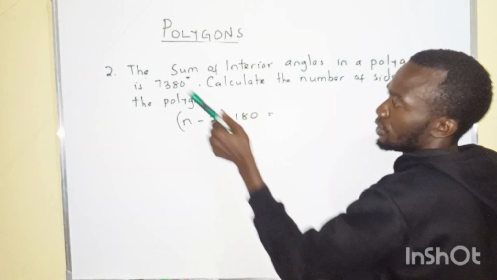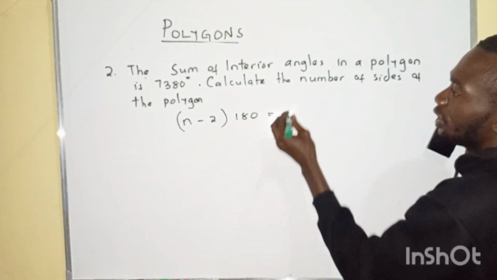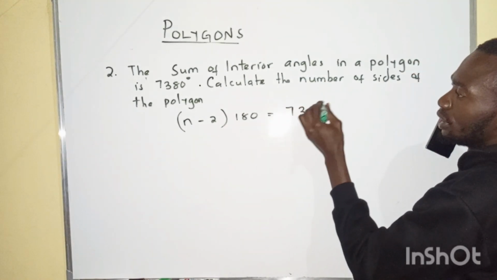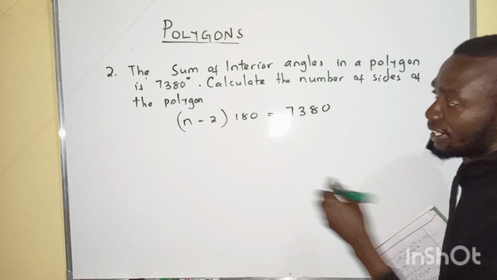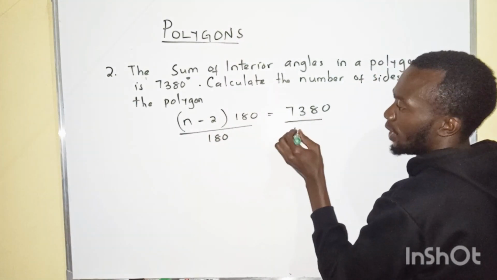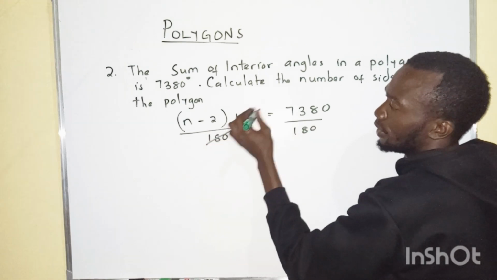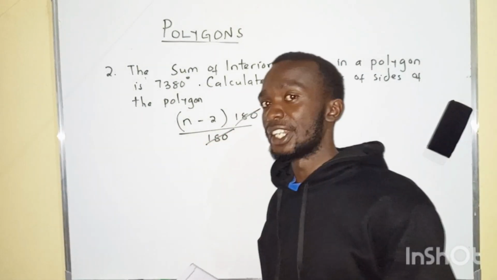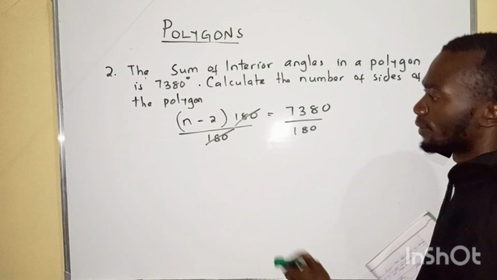This should always give you the total of the one given, 7,380. I can divide both sides by 180, which will help us get the number of sides of this polygon.